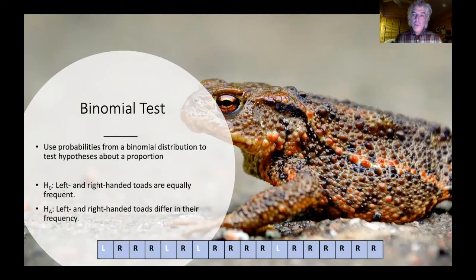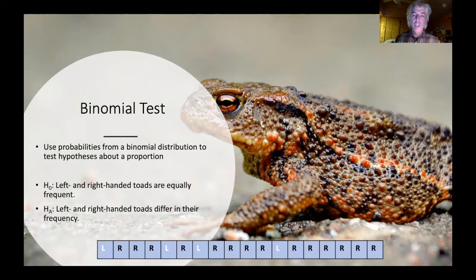So we can use these equations for the binomial distribution to calculate probabilities associated with observations that are as extreme or more extreme than what we observed from our statistical sample in order to test a hypothesis about what the actual frequency in the population might be.